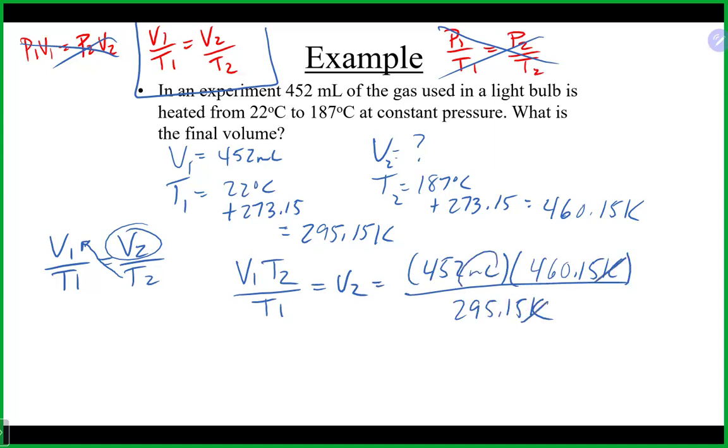The Kelvins cancel, leaving milliliters, which is good since we are looking for a volume. That's 452 times 460.15 divided by 295.15, which gives us 705 milliliters.